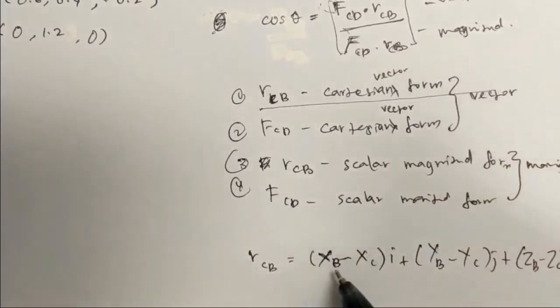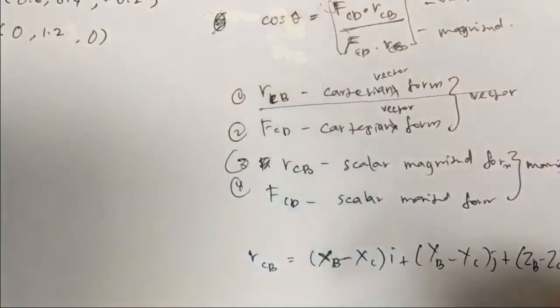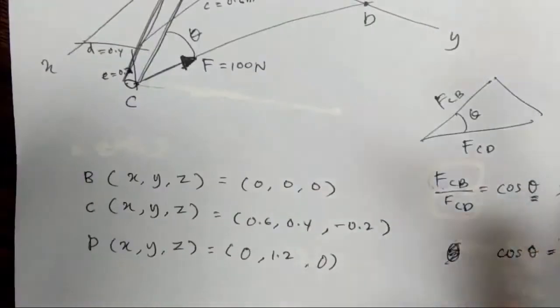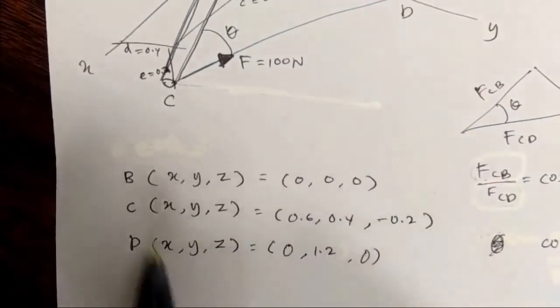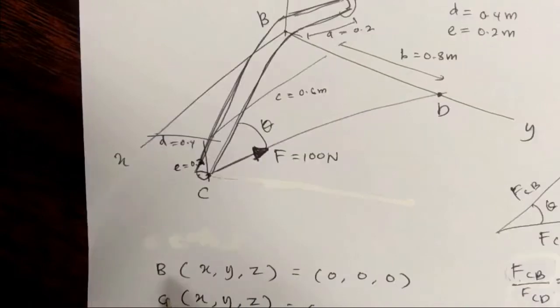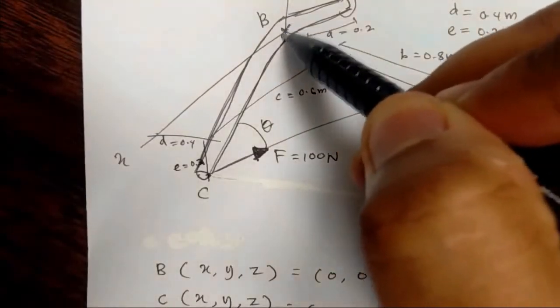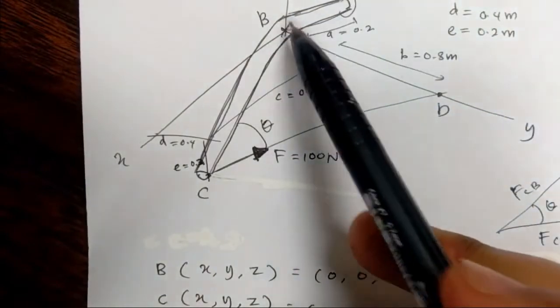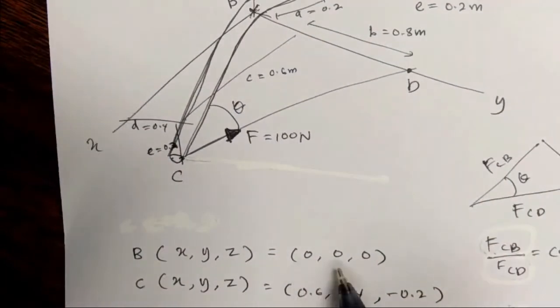So first, what are xb, yb and zb, and what are xc, yc and zc? You need to find the coordinates first, for B and for C. The coordinate for B, I already wrote down here. B is here in the picture, at the origin, so the coordinate is 0, 0, 0.